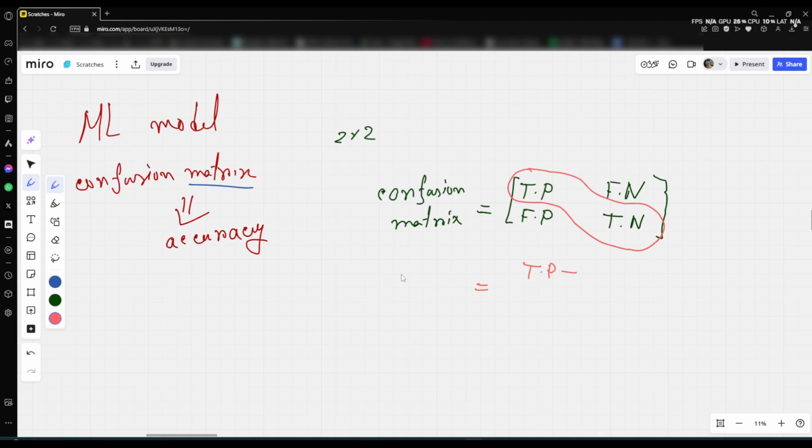True positive plus true negative divided by true positive plus false negative plus false positive plus true negative, and that's how we find the accuracy of a machine learning model.